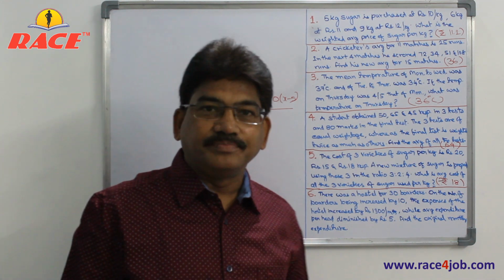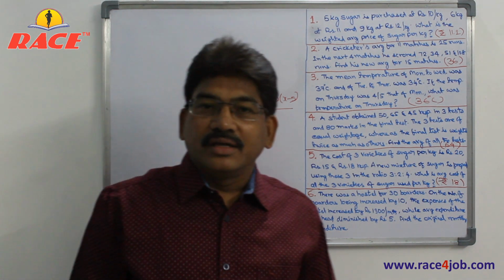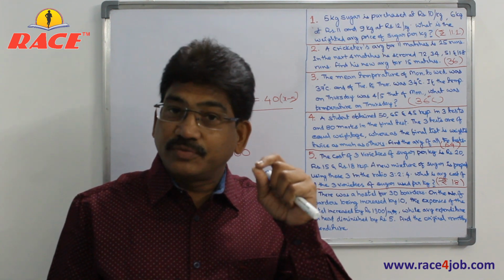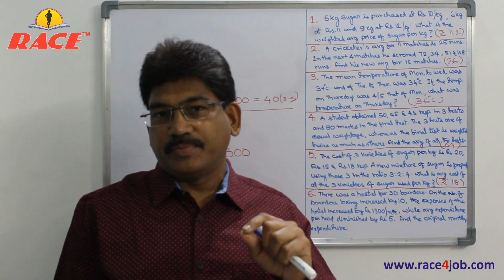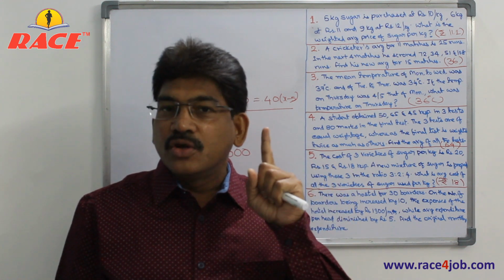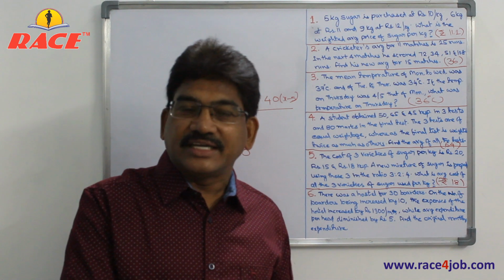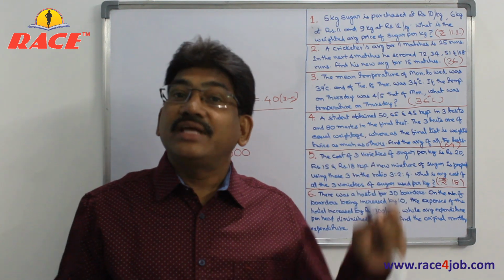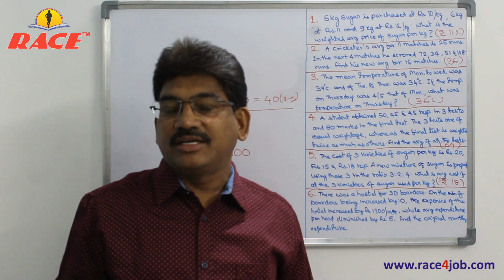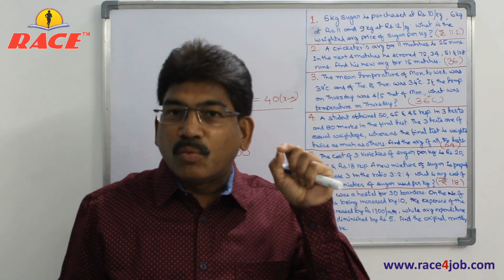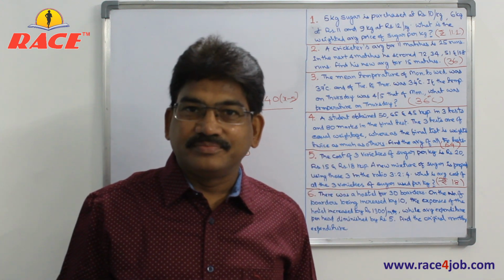That means earlier 30 people were there, and each one's average is decreasing by 5 rupees. So for 30 students, 30 into 5, 150 rupees is decreasing.